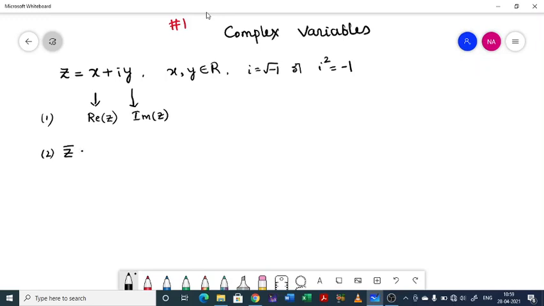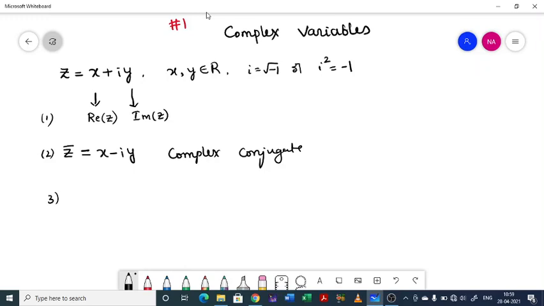So z bar is obtained by replacing i by minus i. Whatever complex number you have, you change i to minus i, and you get another complex number, which is the complex conjugate of the given complex number. So this is called the complex conjugate. That is the second point you have to remember.